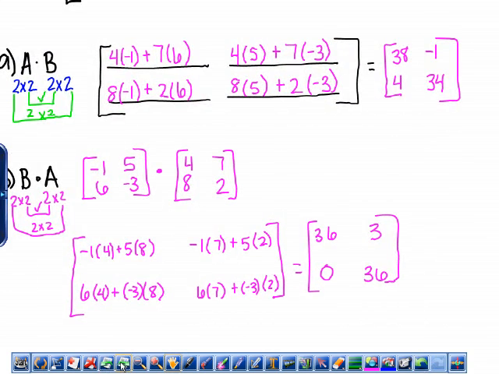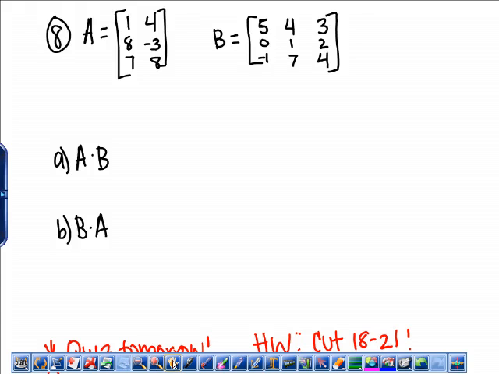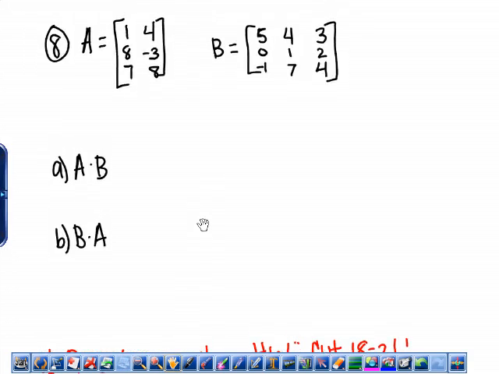Okay, let's look at one where the dimensions don't match quite as well. All I mean by that is that it's not a 2 by 2 times a 2 by 2. We've got a little bit different dimensions. What are the dimensions of A? 3 by 2. What are the dimensions of B? 3 by 3.